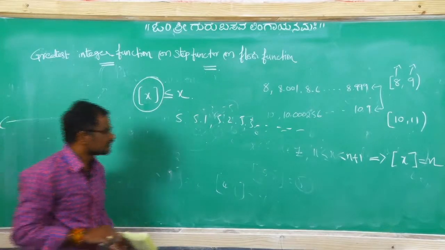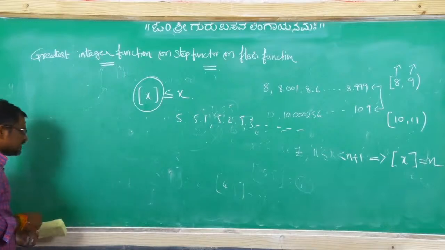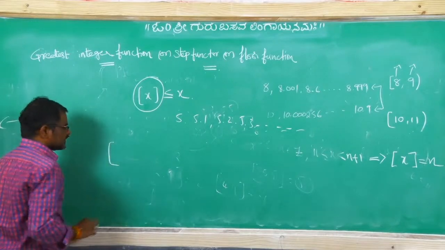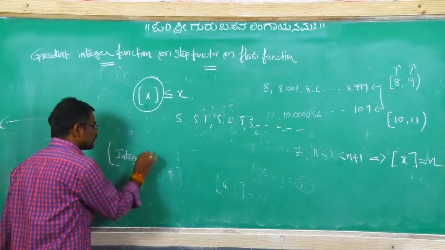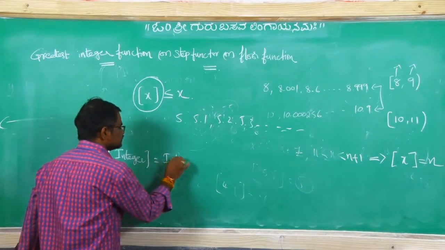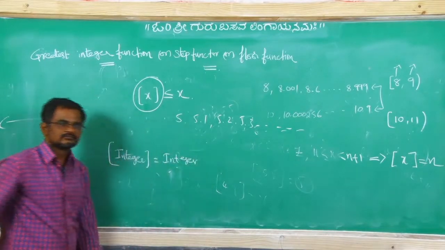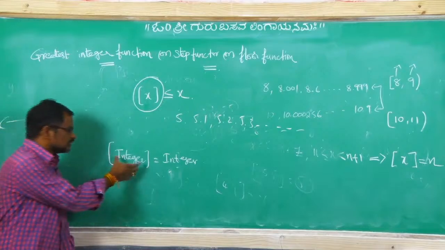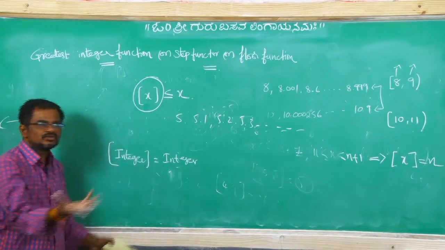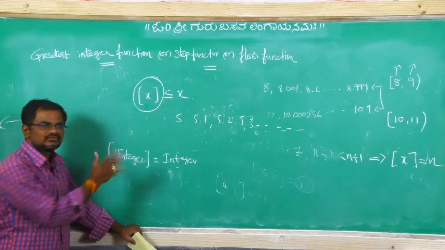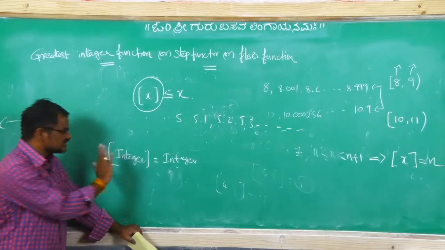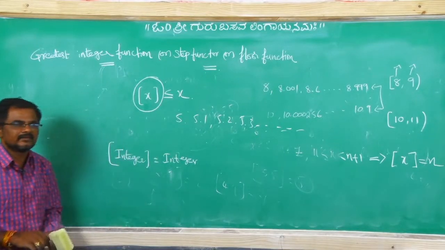Now the greatest integer of any integer is an integer only: the greatest integer of 2 is 2, of 3 is 3, of 4 is 4.